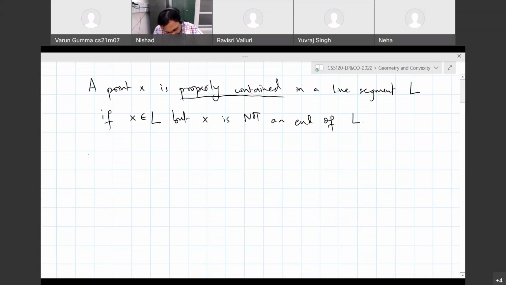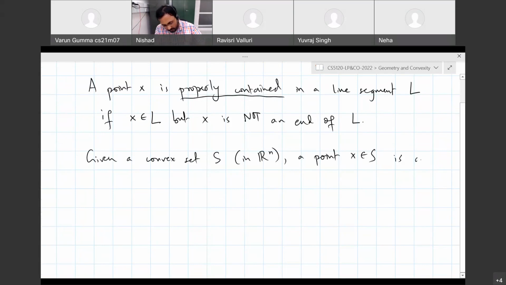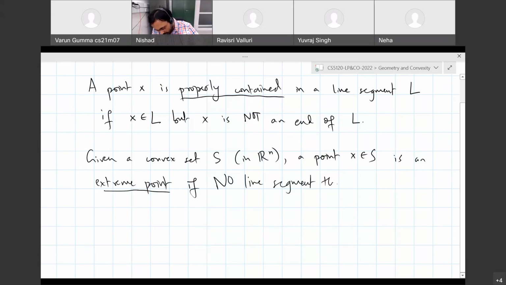So, given a convex set S in Rn, a point is an extreme point if no line segment that properly contains X is a subset of the set.